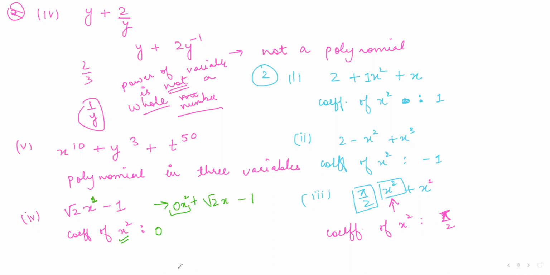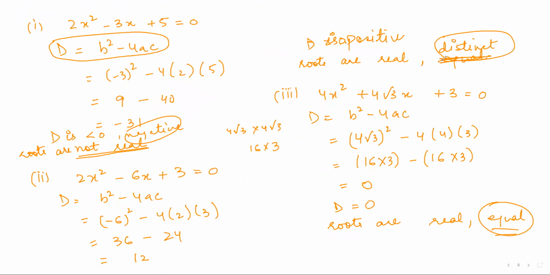Okay, next question number 3. Give one example each of a binomial of degree 35. So you have to write a binomial of degree 35, right? It should be a binomial, and it should have degree 35.